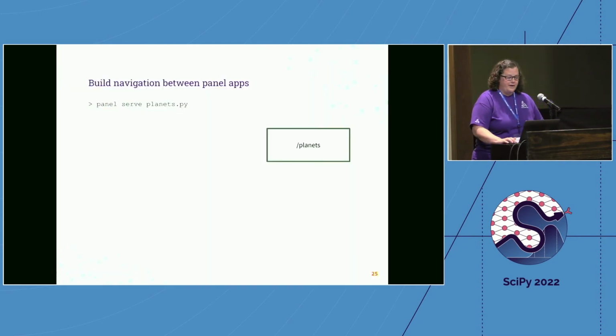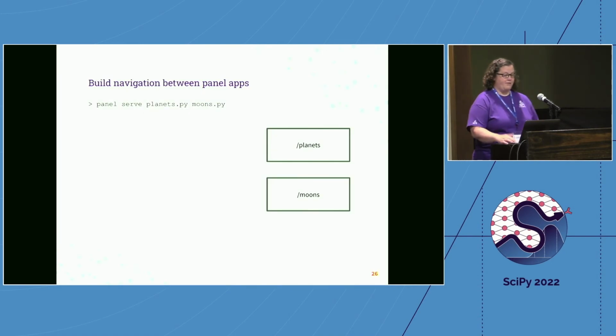And so I will briefly go through this. This is what we showed earlier. Our example today is going to be planets and moons. Previously I could run panel serve planets, and if I have two pages, I could run planets.py and moons.py.